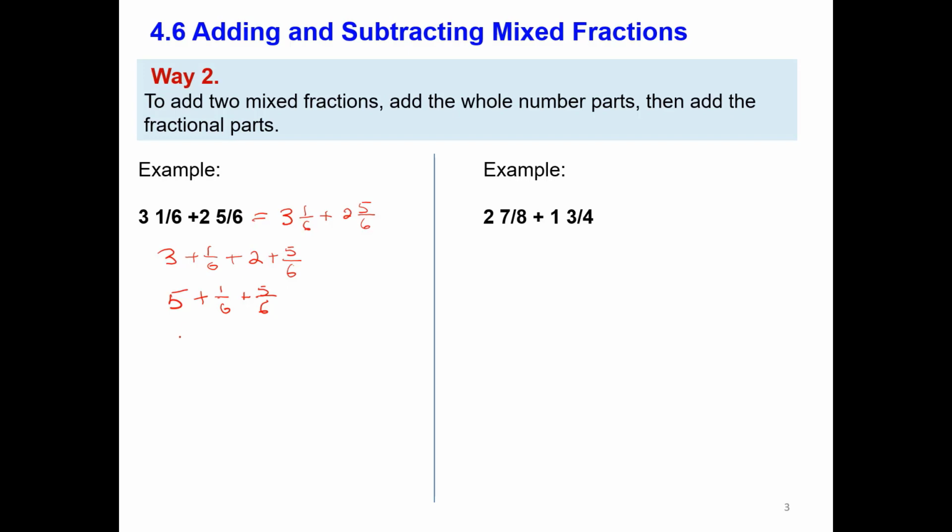We have a common denominator, so we keep the denominator and add the numerators. 5 plus 1 is 6, and we know 6 over 6 is 1. Then we have 5 plus 1 equal to 6. And this is the final answer, equal to 6.